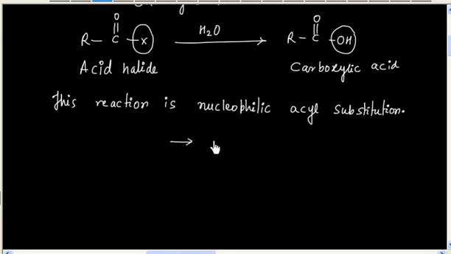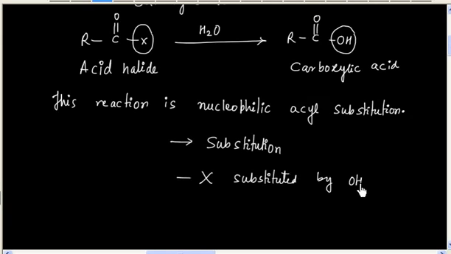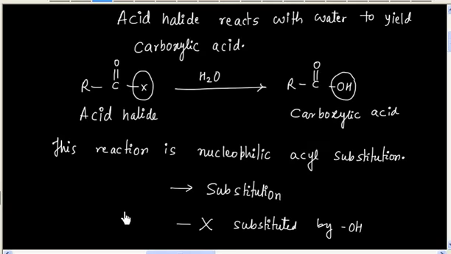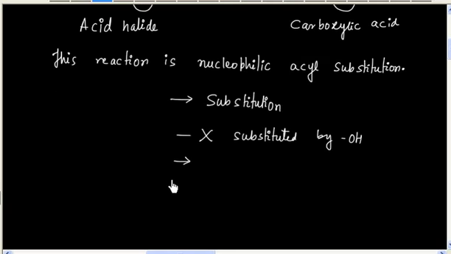So this reaction is a substitution because halogen is substituted by OH group. Since this substitution is happening on acyl carbon, that's why this is acyl substitution. So substitution is taking place on acyl carbon.